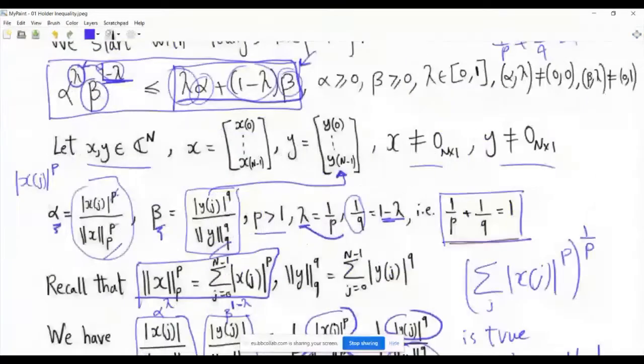We excluded this case initially because of how we define alpha and beta. We define them by dividing by the norm, and if the vector is the all-zero vector, then its norm is 0, and we are in trouble because we are dividing by 0. So we simply exclude those cases while doing the derivation so that we have the liberty of having them in the denominators.